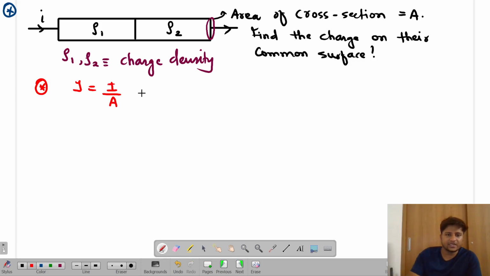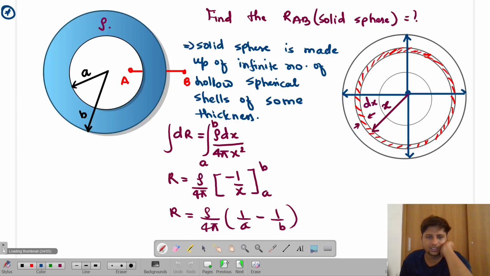Now that means I can be written as J into A, isn't it? Now if I know my current density, you know the electric field formula. What is the formula?